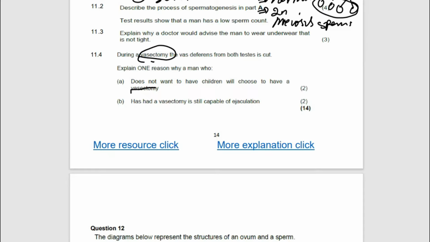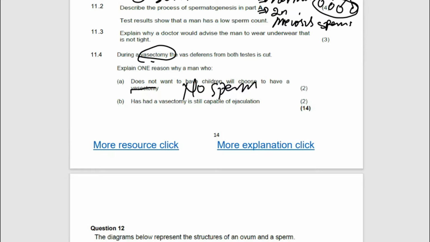If you cut the vas deferens, the only thing that is going to happen is that the semen, remember we have the prostate gland, the Cowper's gland, and the seminal vesicle, they will produce a fluid, and that fluid will not have sperms. So there will be no sperms, but that fluid will be there. The fluids will be there, but it will not have what? Sperms. And if the sperms are not produced, so what will happen?